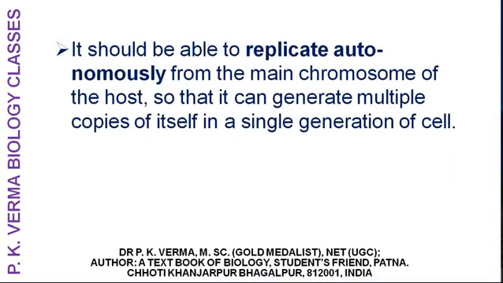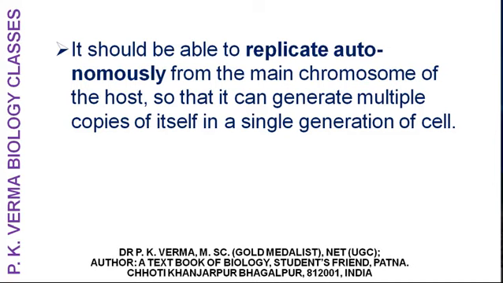The second important property is that it should be able to replicate autonomously from the main chromosome of the host so that it can generate multiple copies of itself in a single generation of the cell. I have said that most plasmids have a high rate of replication.